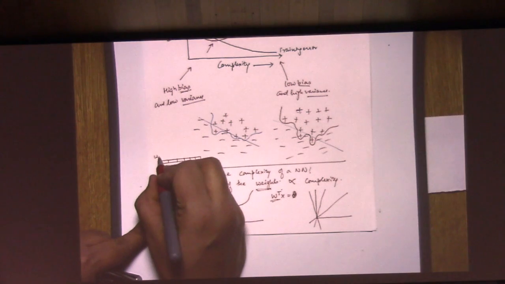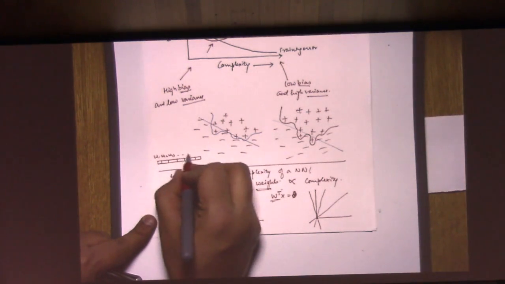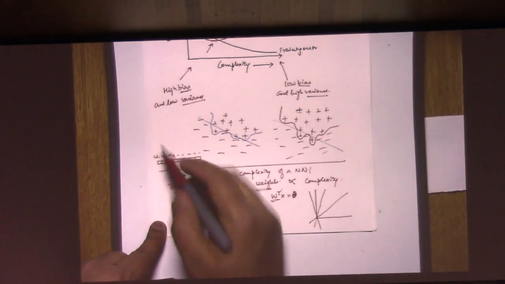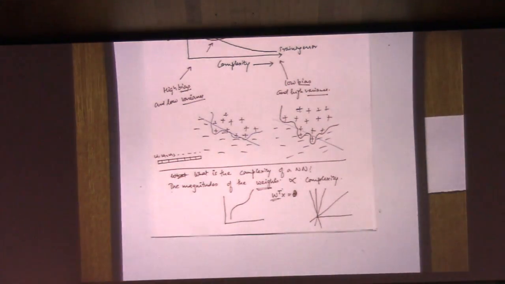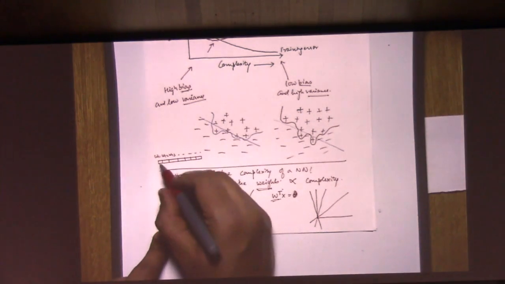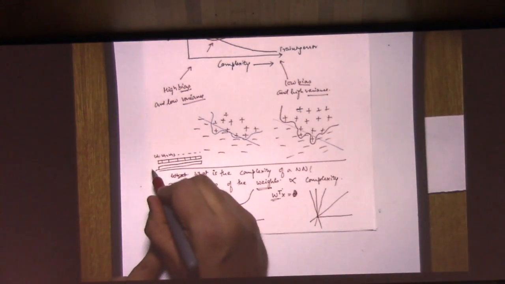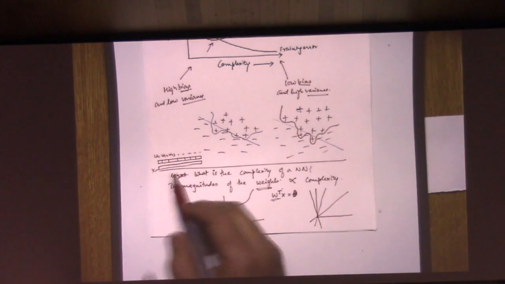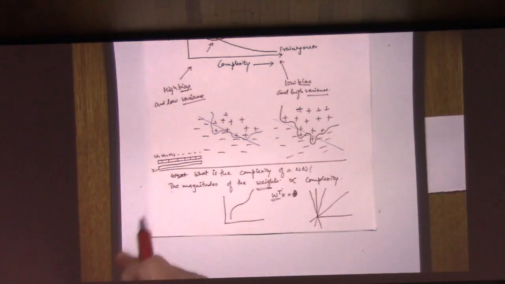So this is weight 1,1, weight 1,2, weight 1,3, and so on, right? If these weights are very high, what will happen is that the effect of these, because all of these weights get multiplied with your input vectors, right? At least in the hidden unit, and then so on.